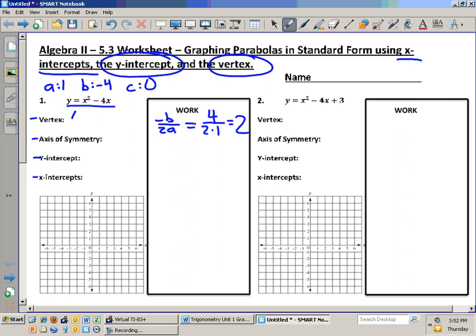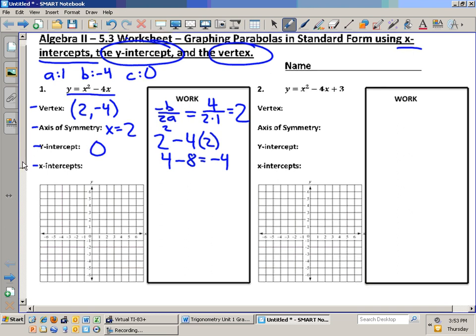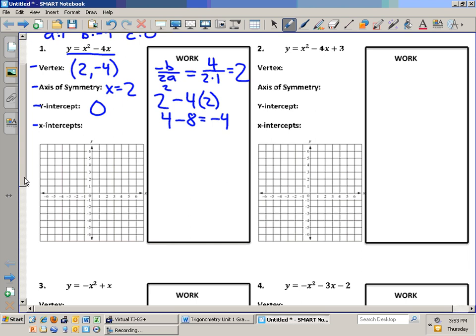So the x value of my vertex is 2. When I plug it in, I get 2 squared minus 4 times 2, which is 4 minus 8, which is negative 4. That's my vertex. Axis of symmetry, x equals the x value of vertex. Y-intercept is your c value, or 0. So I have some points, 2 and negative 4. I know my axis of symmetry runs right down the middle.